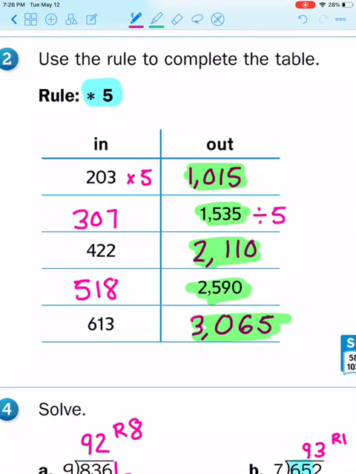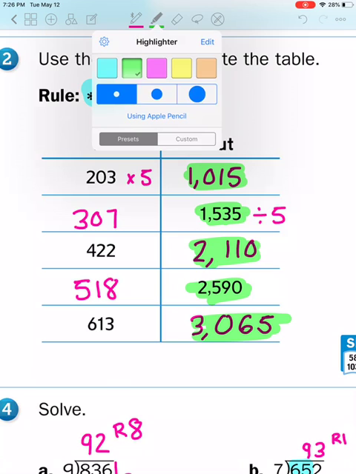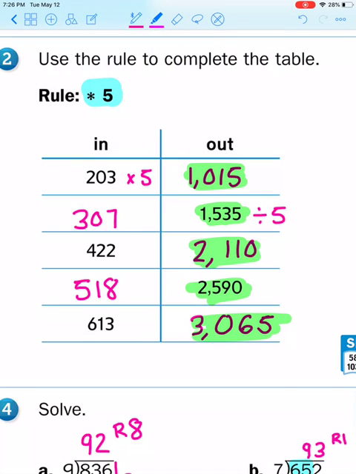So, for example, 203 is an odd number, and so is 1,015. Same thing here. 307 is an odd number, so is 1,535. Now wait, 422 is an even number, so that's not an odd number. So is 518. But 613 is an odd number, and the product is also odd.